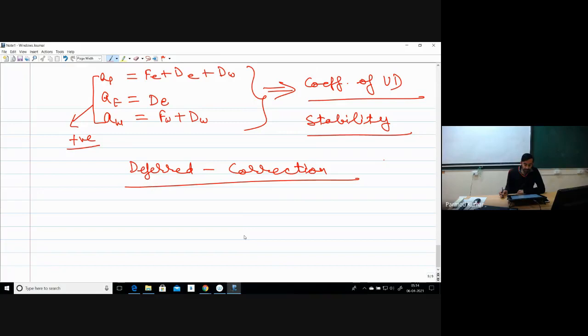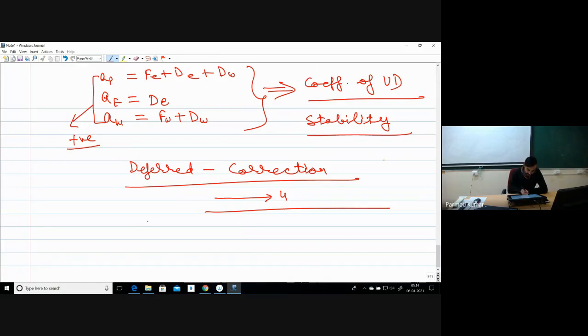Now, one very important point is there. So till now, whether we talked about upwind, QUICK, or linear upwind schemes, any of the schemes, we have considered that flow is taking place from left to right.